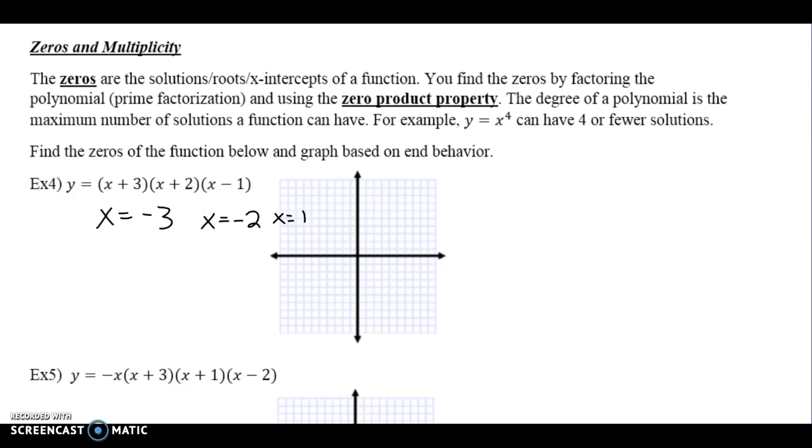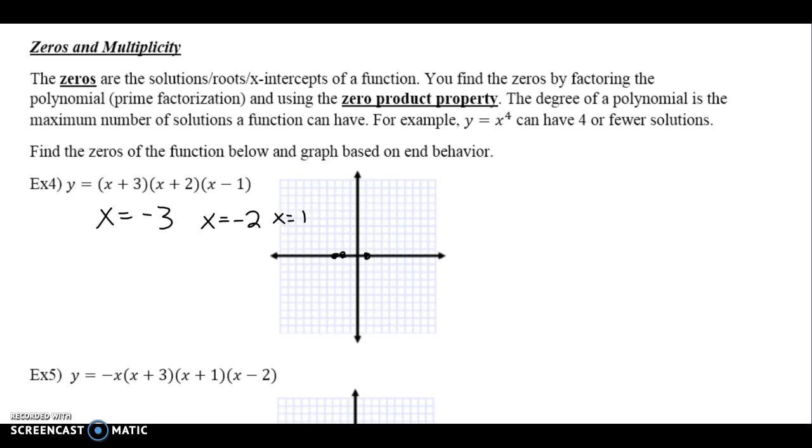Okay. So we can go ahead and start graphing those on the axis. Now we know end behavior, so we can add that on to kind of complete our picture almost.